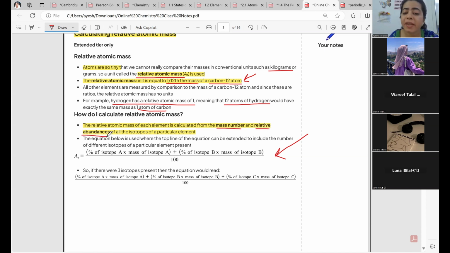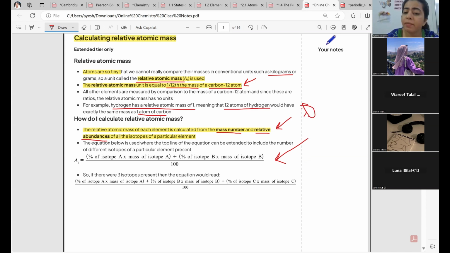Percentage is also known as abundance. Write this down. In the exam, sometimes they will not say percentage is given, they will say abundance is given. Abundance means percentage. Relative abundance means how much percentage of every isotope is there.